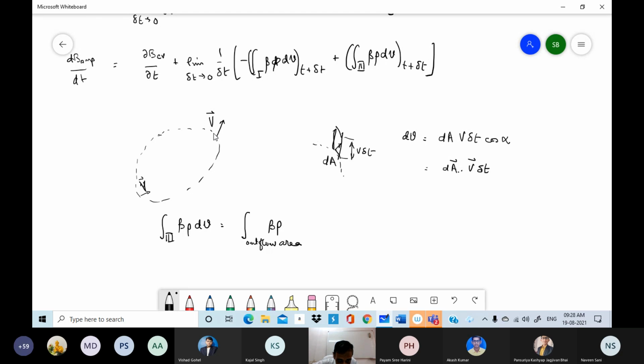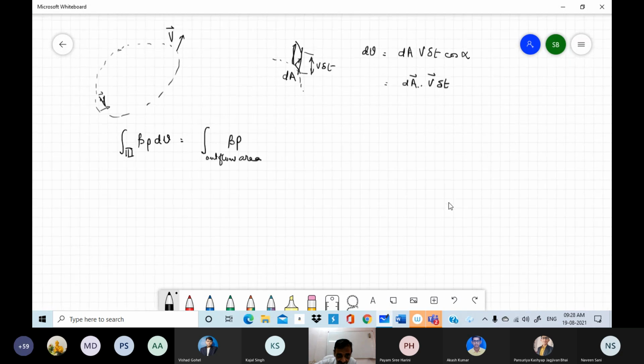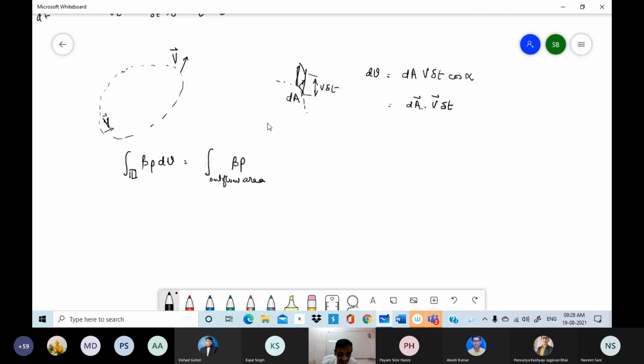The velocity at this region 3. So the region 3 comes about because the system boundary has moved compared to what the boundary of the control volume is.